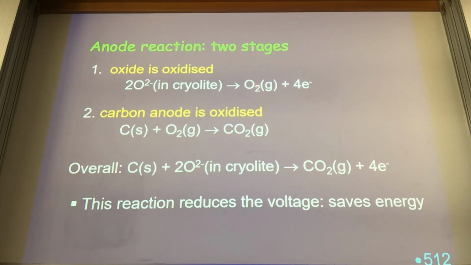Now, as soon as the oxygen gas is formed, it forms on the surface of the anode and it oxidises the carbon there. At around about 1,000 degrees, that's a fairly easy reaction to occur. So basically, your oxide ions are reacting with carbon to produce carbon dioxide. Now, this massively reduces the voltage that's needed and therefore saves huge amounts of energy.